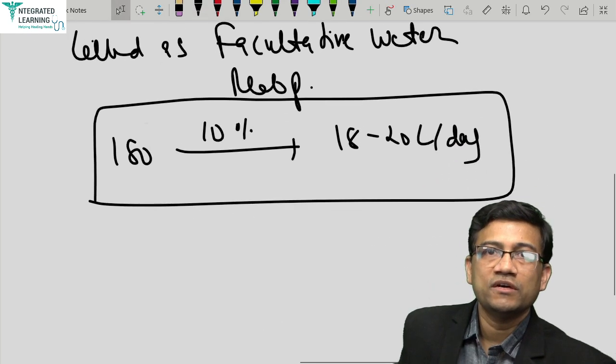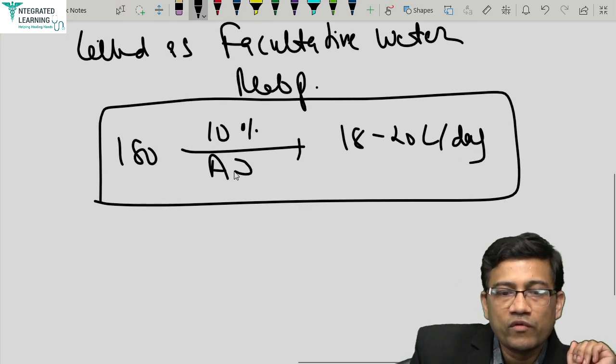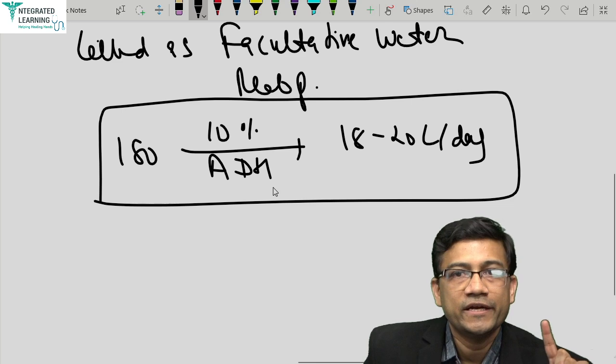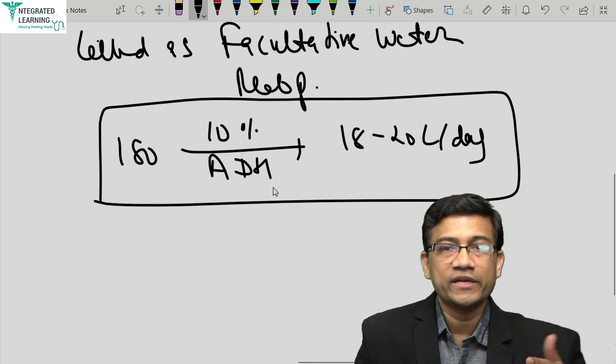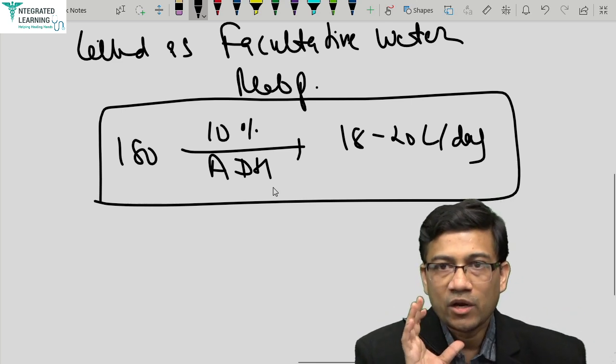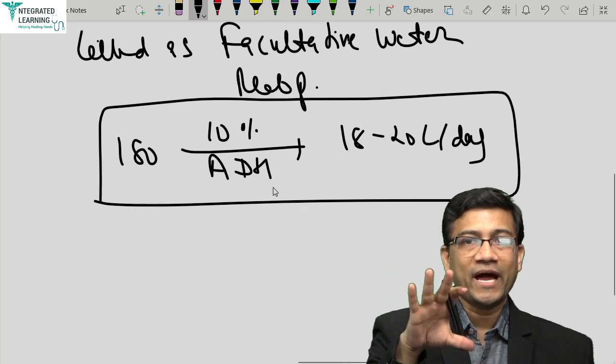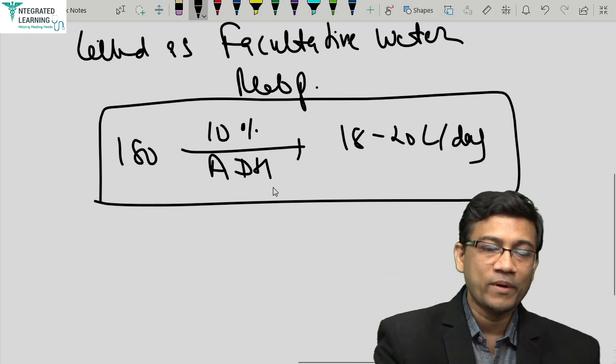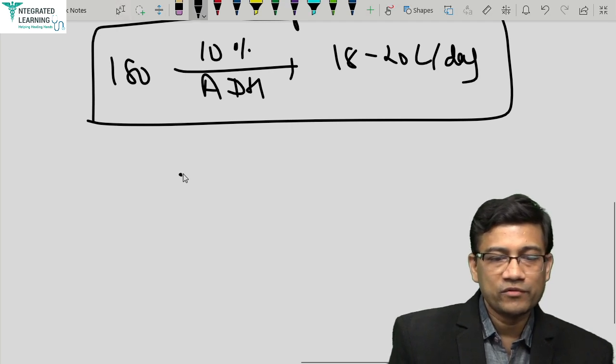So out of 180 liters filtered, ADH controls 18 to 20 liters. Now listen, you all know ADH acts on the CD and the CD passes through the medulla. So let me make a diagram if you remember this.